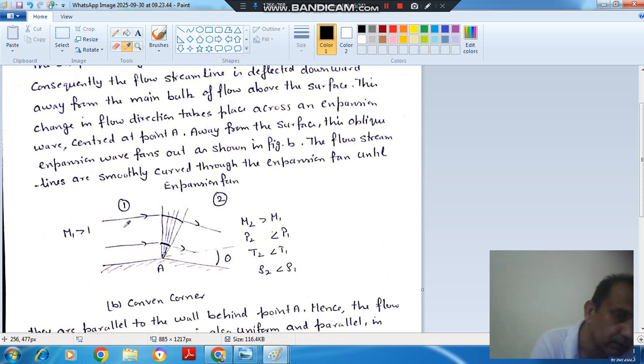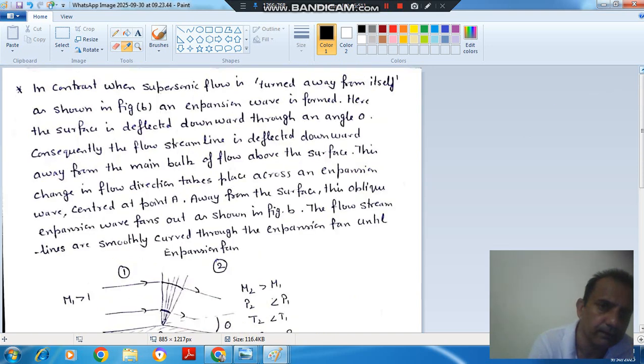This flow will change its properties continuously, not discontinuously like in a shock wave. And as expansion is taking place, M2 will be more than M1, P2 will be less than P1, T2 will be less than T1, and rho 2 will be less than rho 1. So this is your expansion wave. Okay, so I will read this out also.